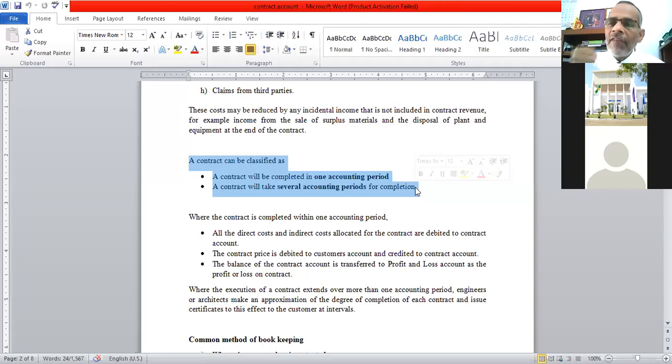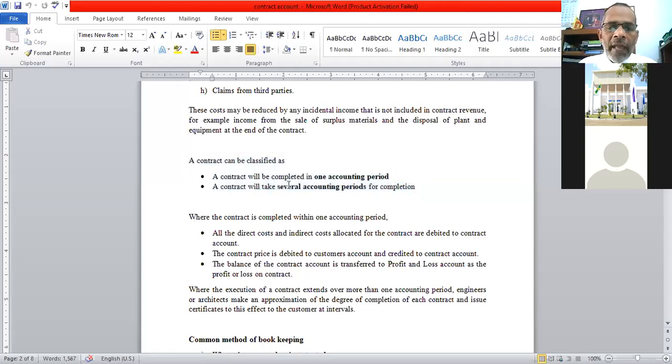Therefore, that contract will be treated as a less than one year contract, completed within one accounting period. That is the important part. Look here: one accounting period or less than one accounting period. You have to keep that in mind. Is it okay now? Right.